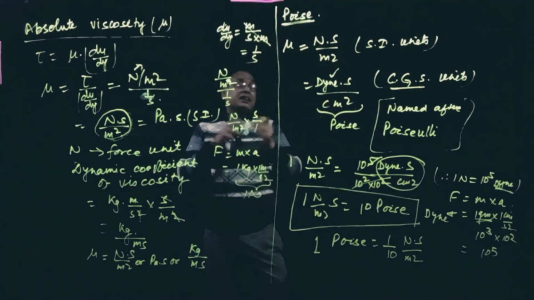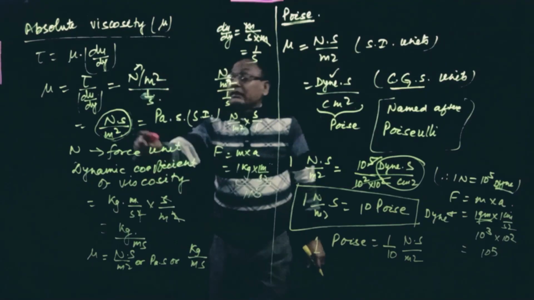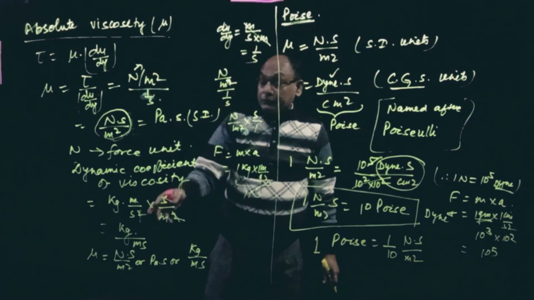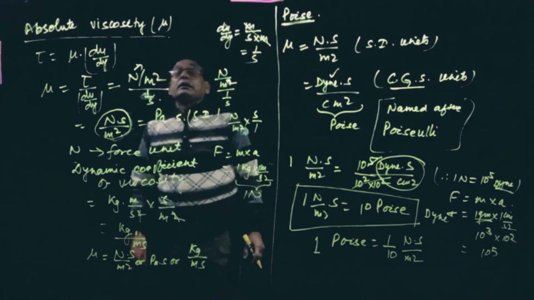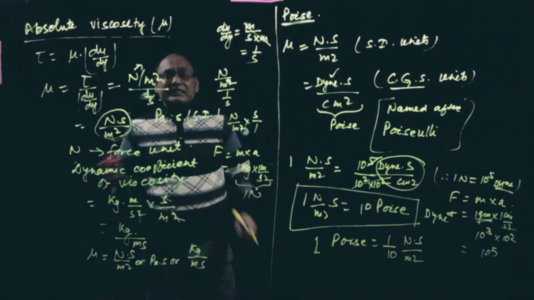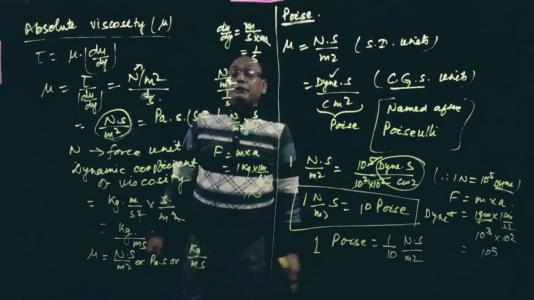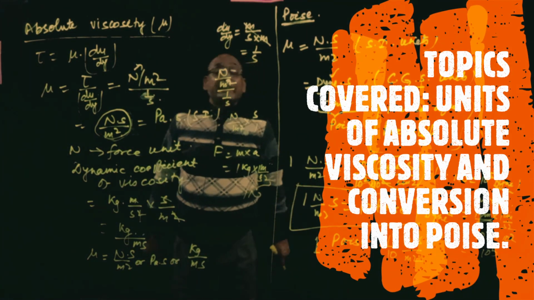This is the conversion of Poise and Newton second per meter square. It is a very, very important topic and concept in all the numericals, whether in fluid properties or other topics, everywhere it will be used. So be careful about this one. The rest I will discuss in the next class. Thank you.